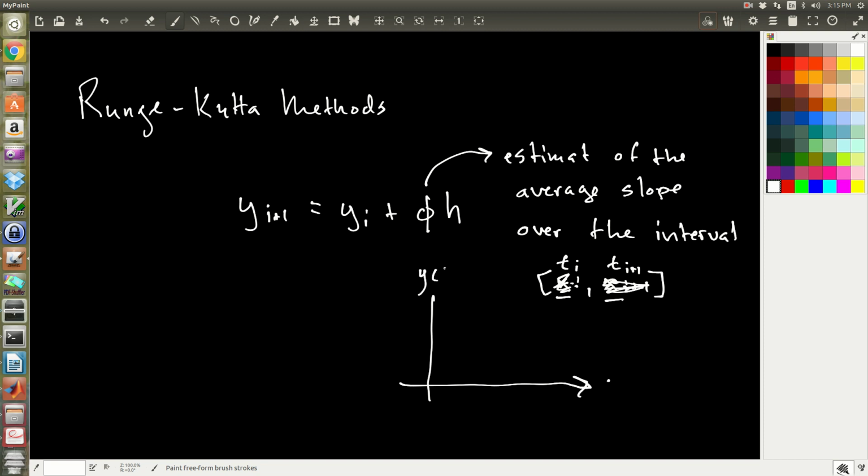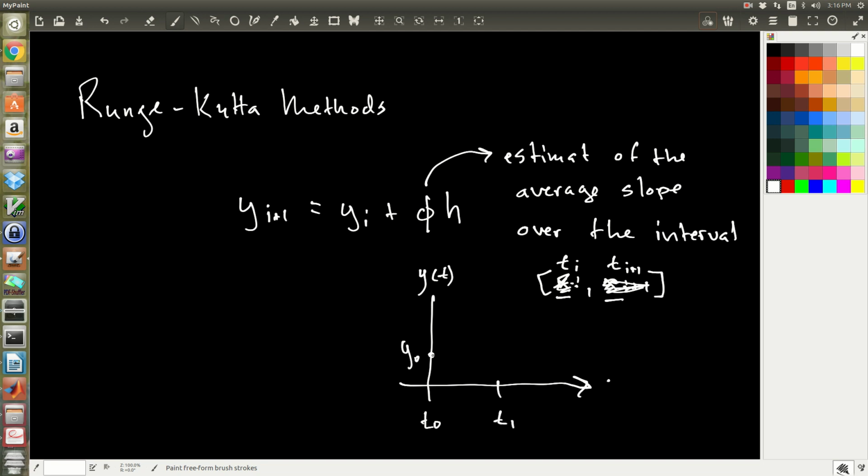So y of t, if we start out at t0, this is y0, this is t0. Then if we start at t0, the next point is going to be t1.